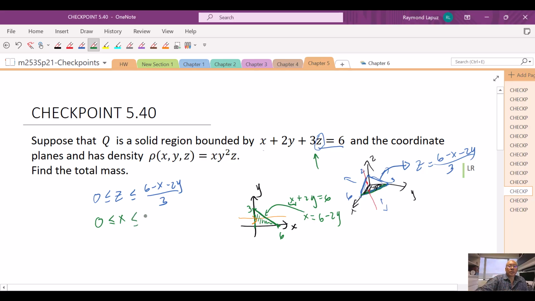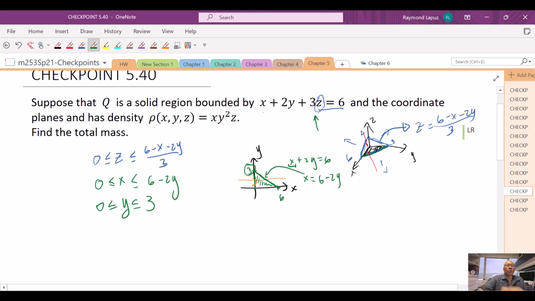So we have 6 minus 2y, and then that would leave us with our outer limits being constants, and that's just going to be from 0 to 3. Okay, so we have our bounds for our integral, and it looks like it's going to be dz dx dy. We could have done this in many different ways, but this is what we're choosing.